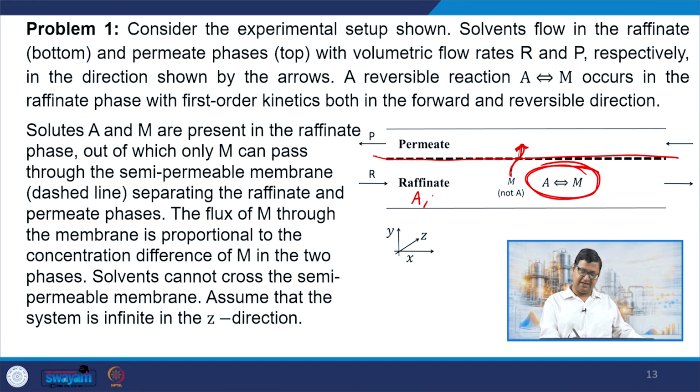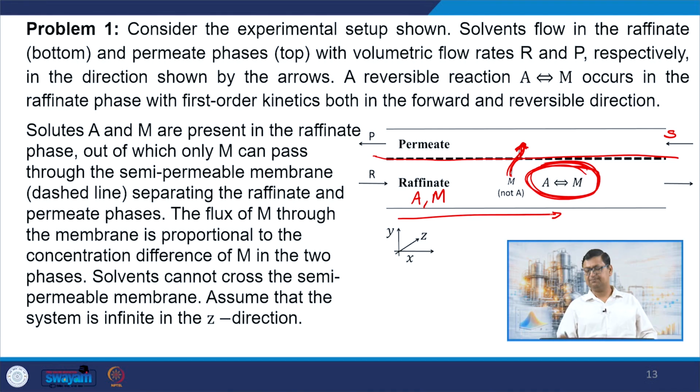The raffinate contains A, and M can enter the permeate phase, and the permeate also contains some solvent coming in. Since there is a chemical reaction taking place, it is going to have a differing rate along the length that we are seeing here, right.